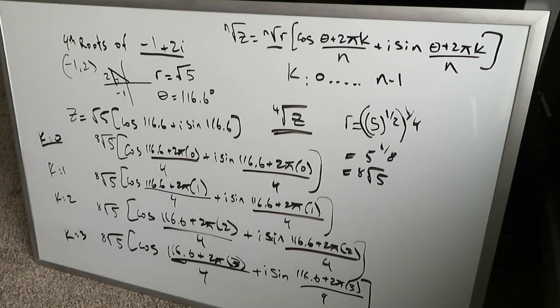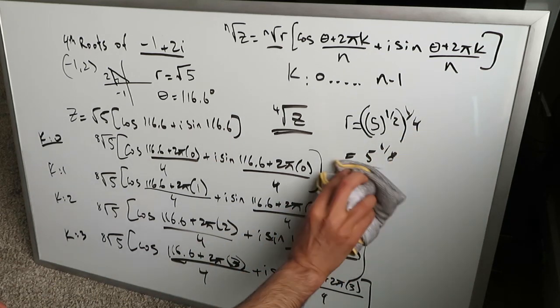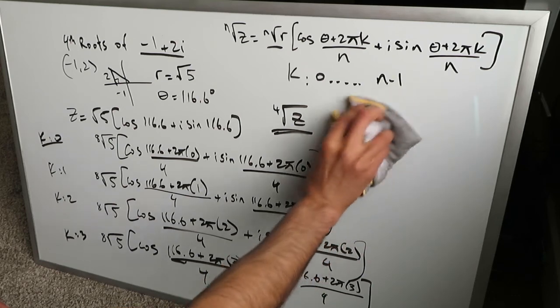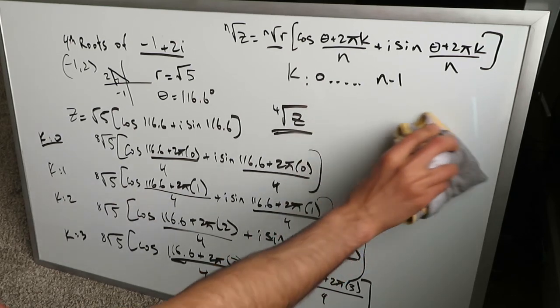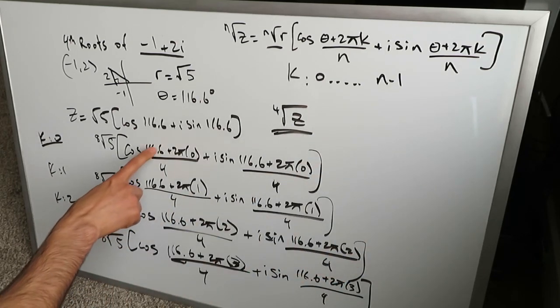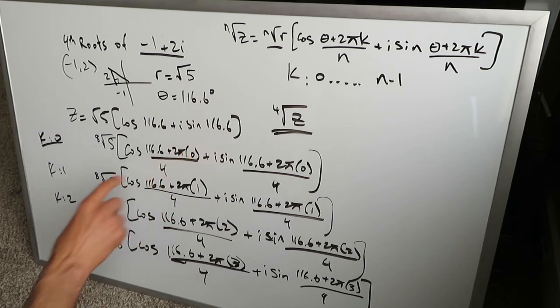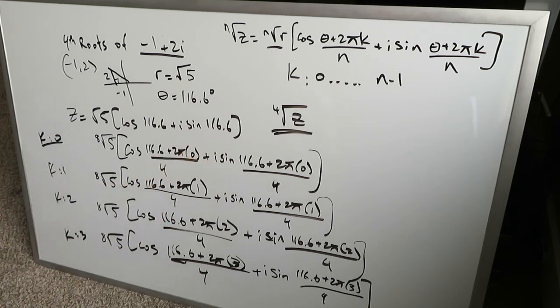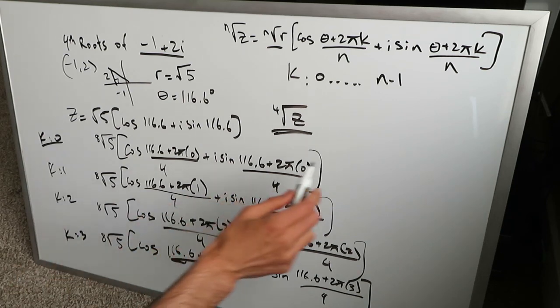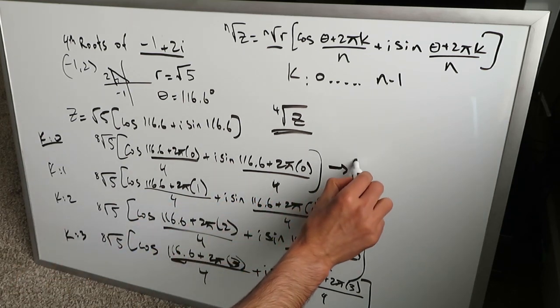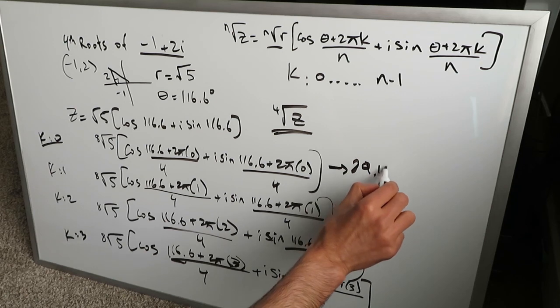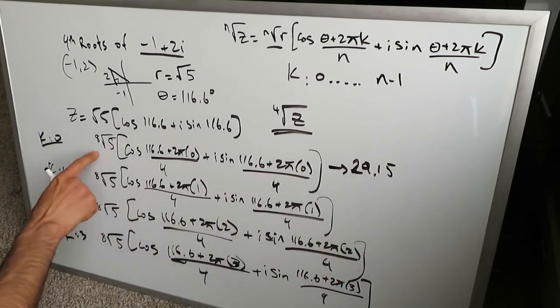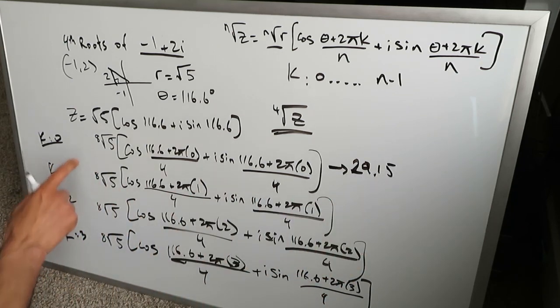I won't go to the trouble over here of actually solving all of these out, but I will go over here and determine what type of angulations we'll be getting. If you look over here, 116.6 plus 2 pi times 0 divided by 4, we get 116.6 divided by 4. We're getting an angle of 29.15, which you will run through your trigonometric functions and then multiply with the 8th root of your modulus.